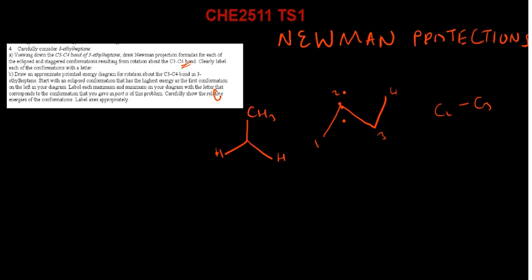I'm rotating the groups on the back carbon, which is carbon 3, which is again hydrogen, hydrogen, and a methyl. So hydrogen, hydrogen, and the methyl group. So in the next structure, this methyl will be here. Again, in the next structure, this methyl will be here.